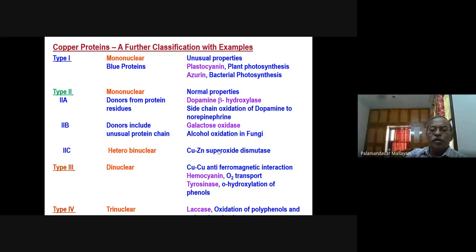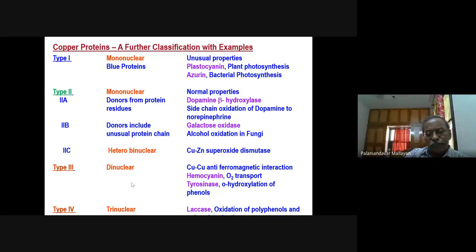But though you have a zinc, this is classified as type 2C because the copper has a normal geometry, normal EPR spectrum, normal redox properties, and all other things. So we shall try to look into some basic aspects of this in due course.